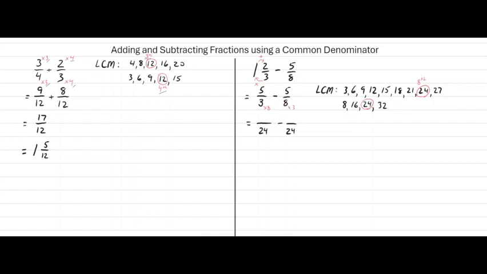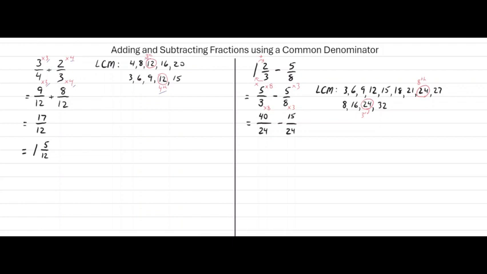Again, for the multiples of 8, 24 is the 3rd number in that line. Also, we have to look at the numerators as well, because whatever we do to the bottom, we must also do to the top. So, a little quick arithmetic here. 5 times 8 is 40. 3 times 5 is 15.